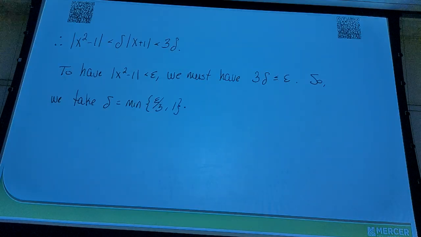So we take delta to be the minimum between 1 and epsilon over 3. Remember, epsilon can be anything as long as it's positive.